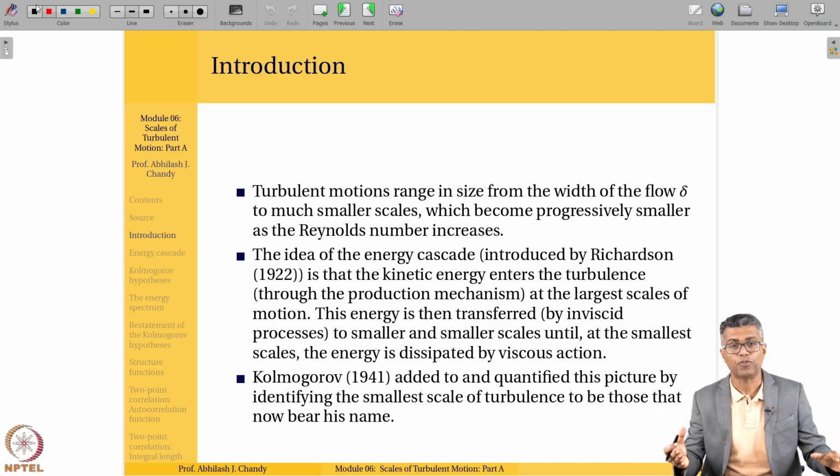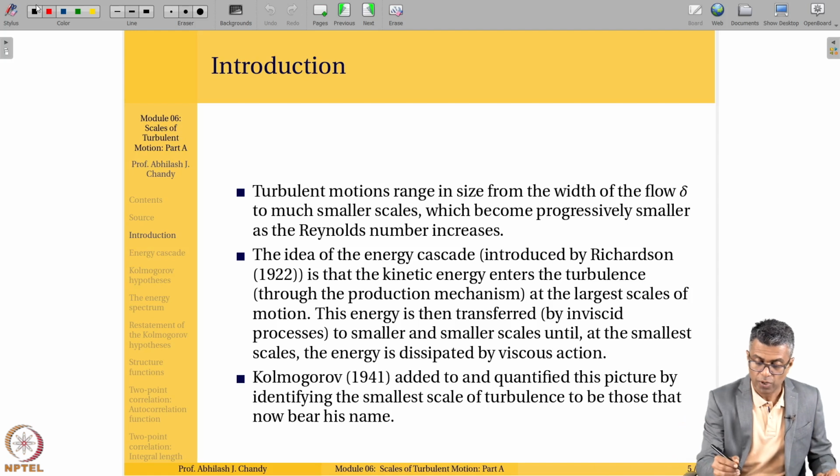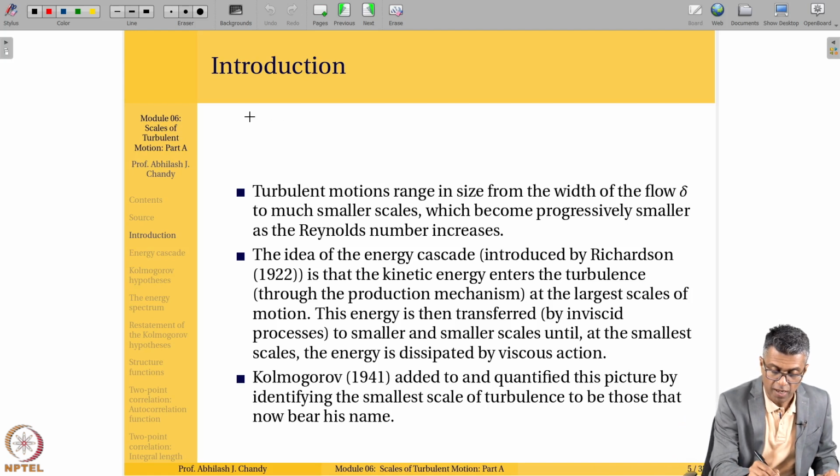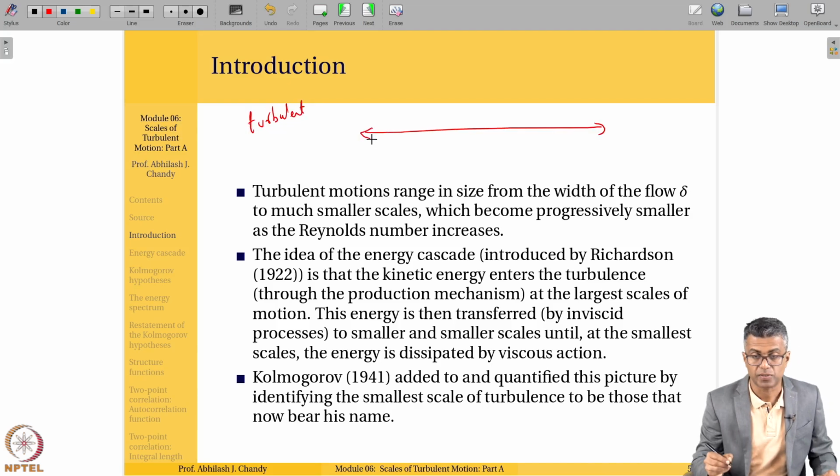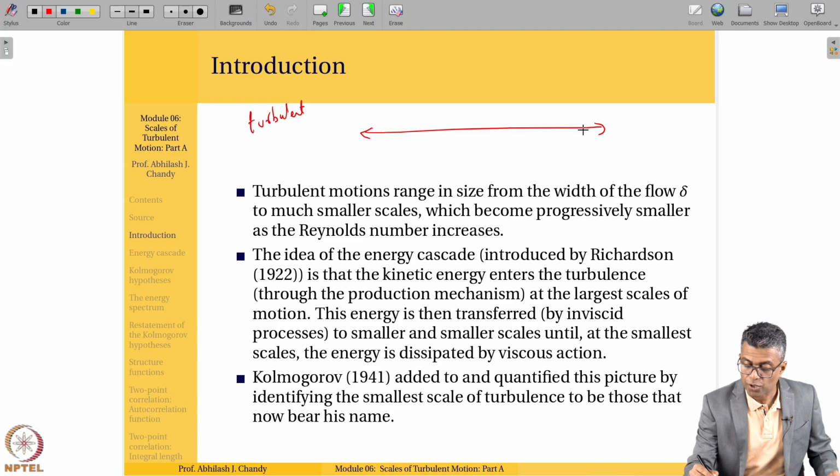In a turbulent flow, you have a varying range of length scales. So essentially what you have is, if the flow is turbulent, then you have a varying range of length scales. So let's say your characteristic length scale is somewhere here.